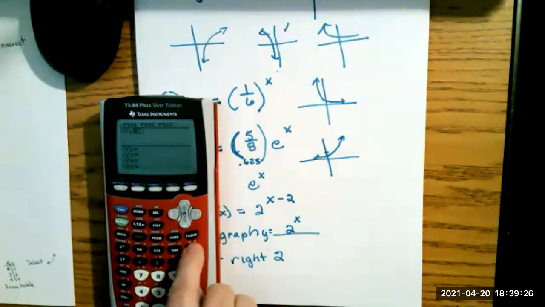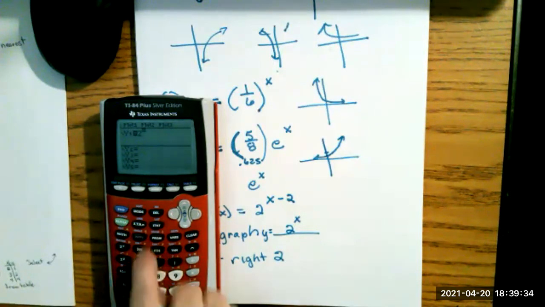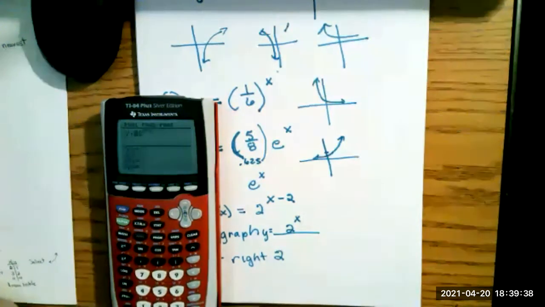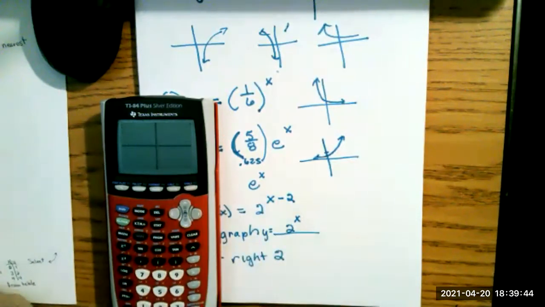It's 2, and you use your caret, but this time in that little box up there, you've got to write x minus 2 and make sure all of it's in your exponent. So this is going to shift.